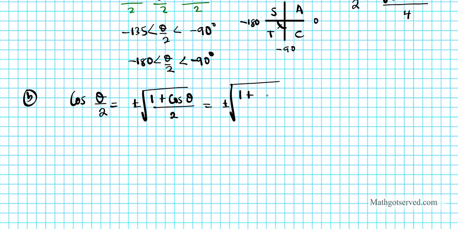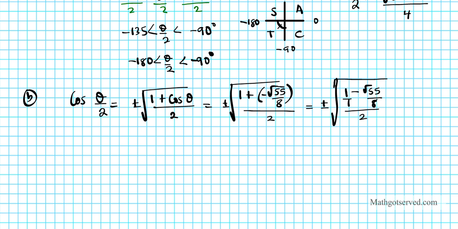So we have plus negative root 55 over 8, that divided by 2. So we'll have plus or minus the square root of 1 minus root 55 over 8. So this is a fraction, I'll write it as 1 over 1 over 2 over 1.